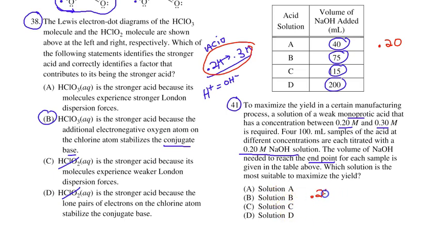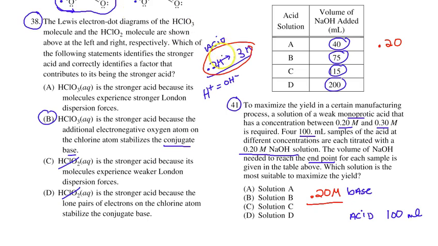If I have 0.2 molar base, and this is my base, and I have 100 milliliters of my acid, and I want to at least know if it's between 0.2 and 0.3.